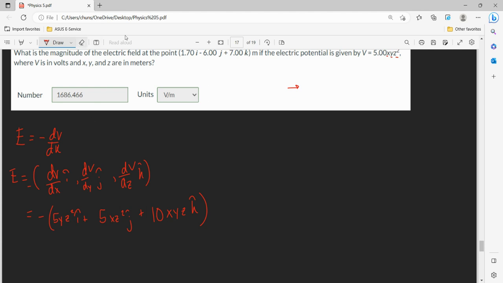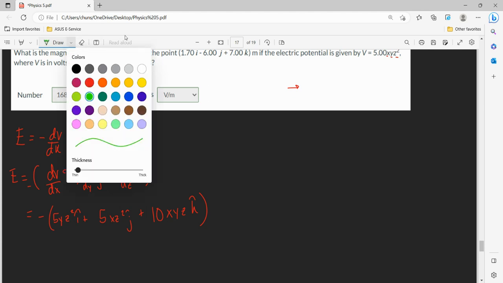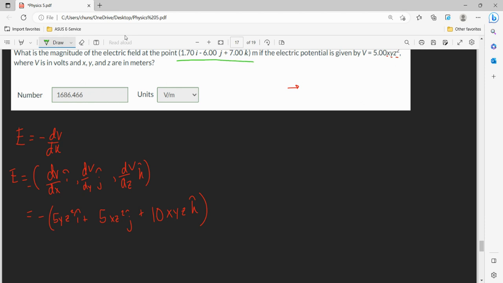So now we're going to take these points and plug them in for each of our x, y, and z components within here. So this is negative 5. Our y component is 6 in our point, and our z component is 7 squared. And our i component, this is 5 times our x, which is 1.7.